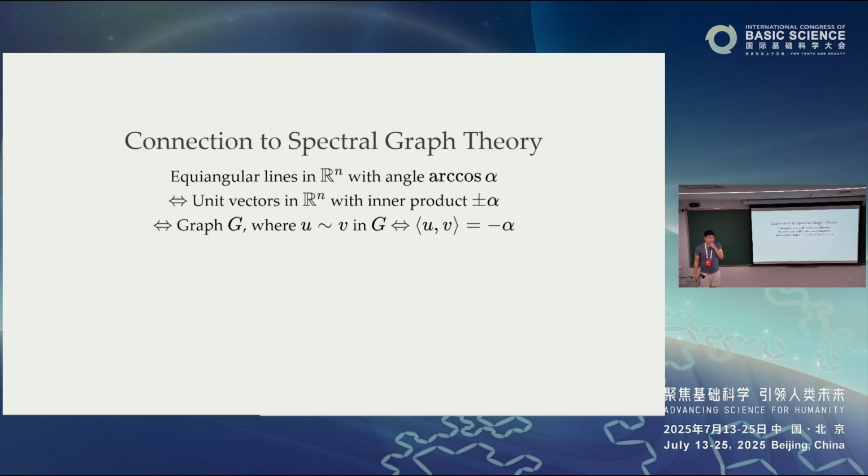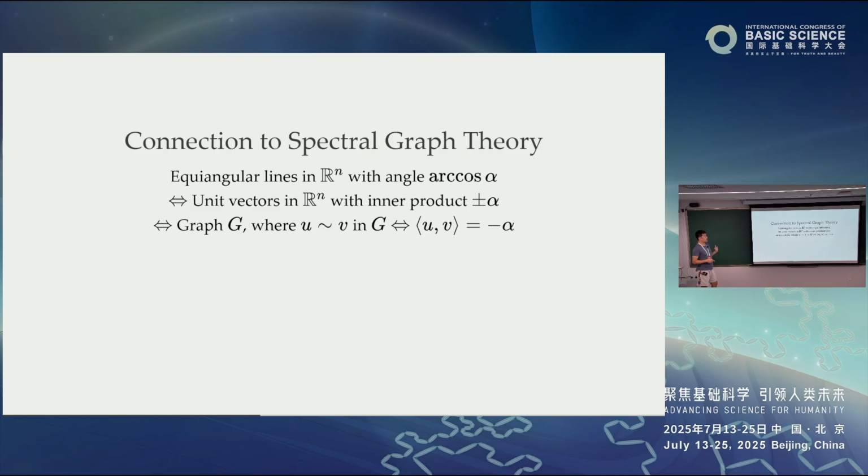So let me explain the connection to spectral graph theory. Originally, it's a purely discrete geometric problem. It concerns lines. Where does the graph come from? Well, if you are given a set of lines in R^n which are pairwise separated by angle arccos alpha, you can represent each line by a unit vector that points in the direction of the line.